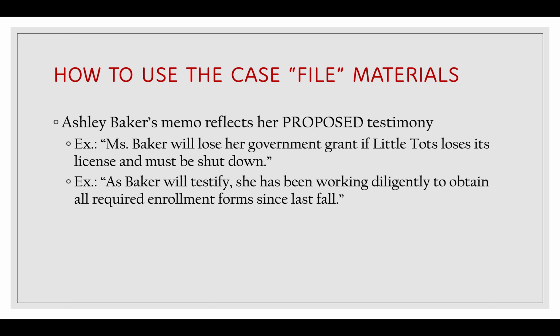This is not a past tense thing, but rather you could use examples like here. Ms. Baker will lose her government grant if Little Tots loses its license and must be shut down. Or you could explain that she's going to testify. As Baker will testify, she has been working diligently. What you don't want to say is, "as she already testified," since she has not.